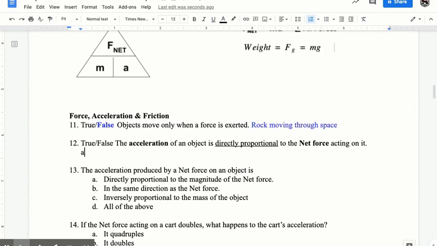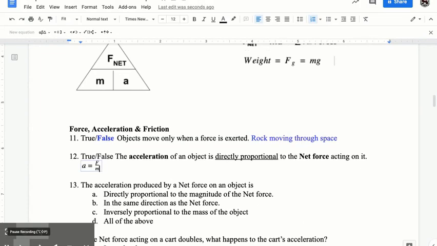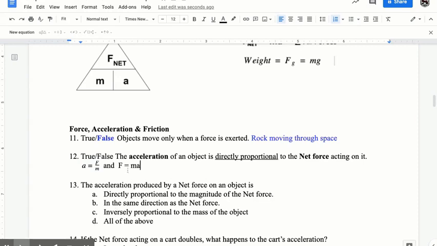So acceleration is equal to force divided by mass. And we can say that the force is equal to mass times acceleration. So what we want to focus on is, what is the relationship between the acceleration and the force?